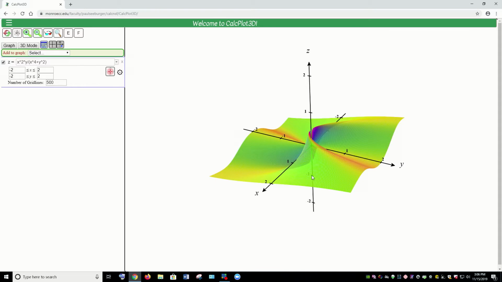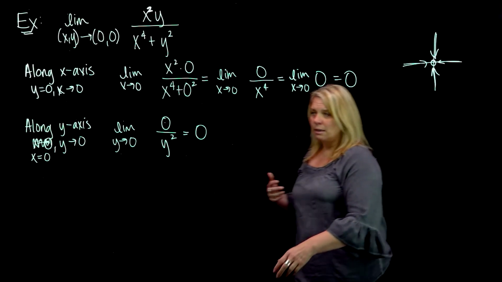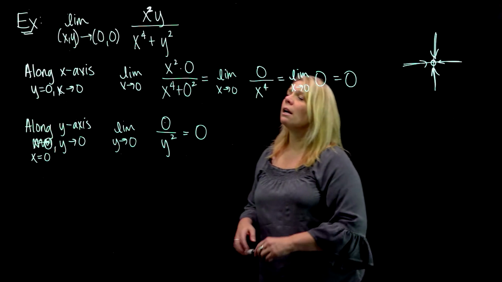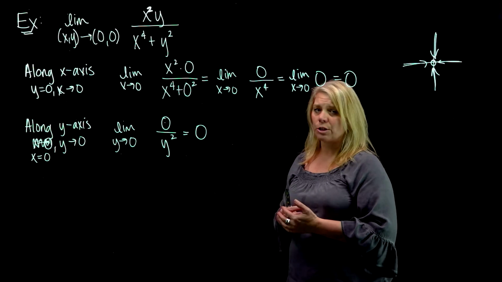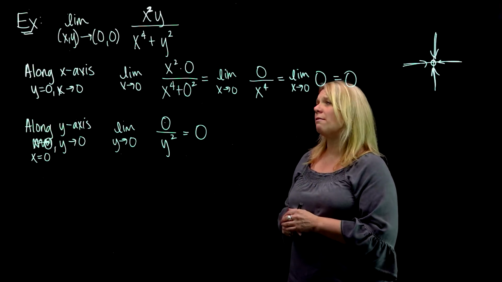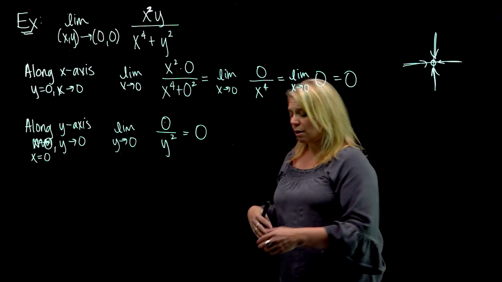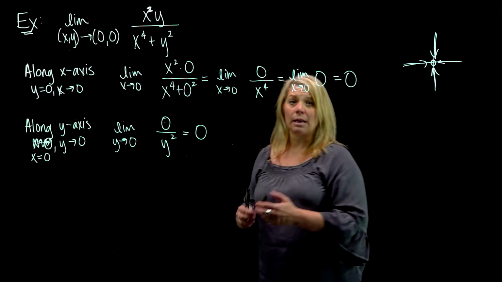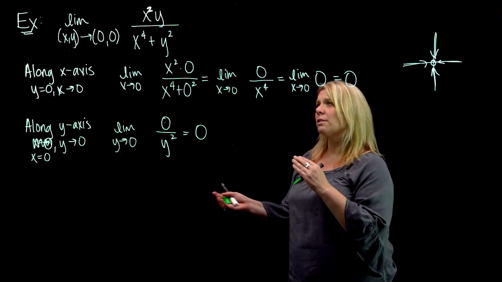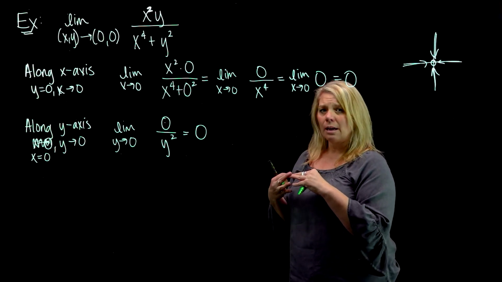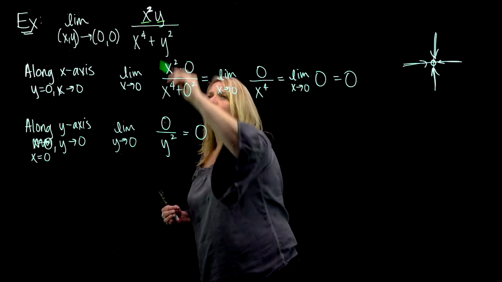So let's go back to the board and look at the function here. We looked at the graph and saw some parabola shapes that appeared to be places where the z values are maybe approaching something else. But also from looking at the equation, there's some sort of symmetry between x squared and y.